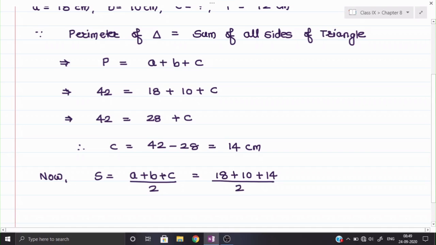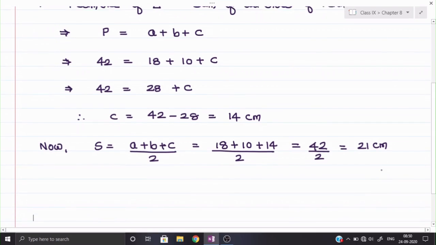Okay, 18 plus 14 is 32 plus 10, the sum will be 42. And 42 divided by 2 will be 21 centimeter. You can see 21 is bigger than any side of the triangle, more than 18, 14 and 10 as well. So now let us find out the area.